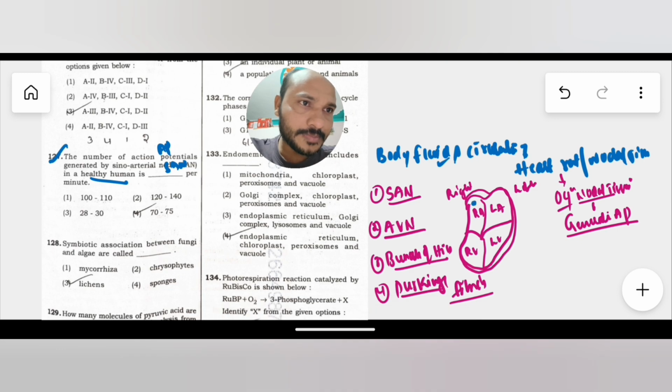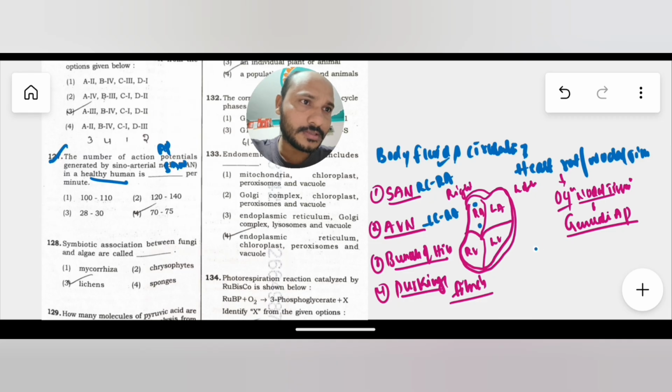The AVN is located on the left side of the right atrium, and the bundle of His is present exactly in the interventricular septum.